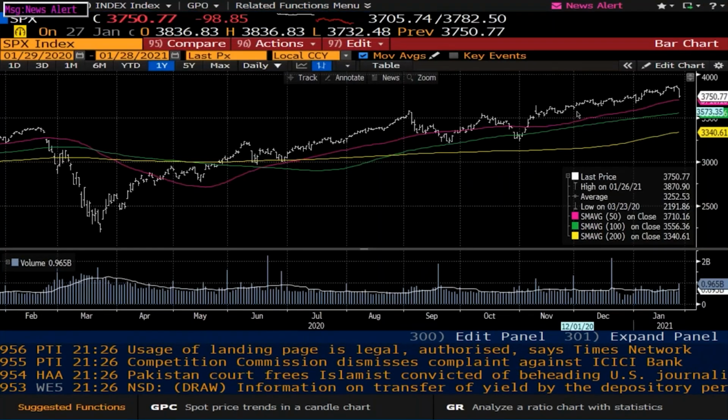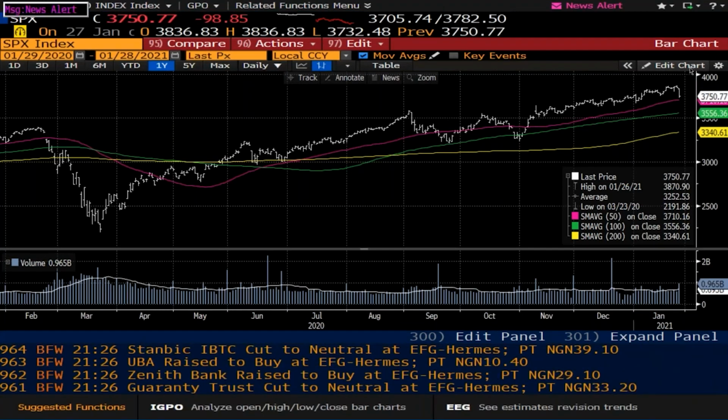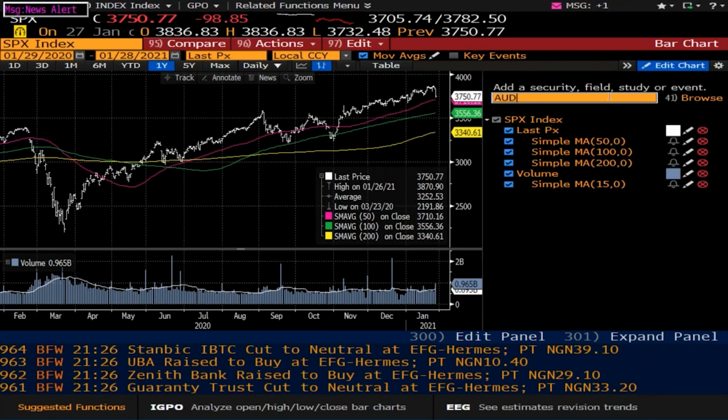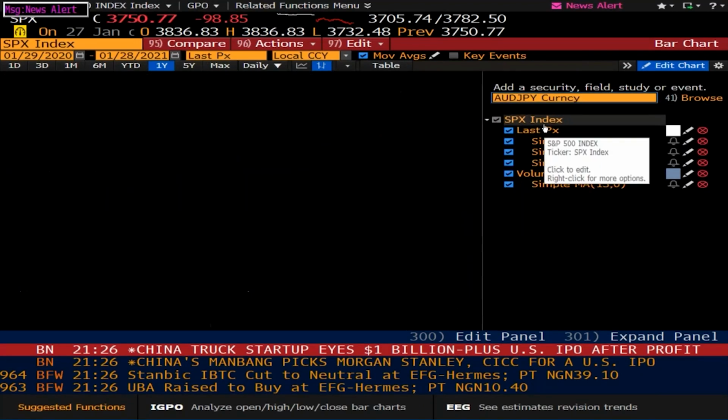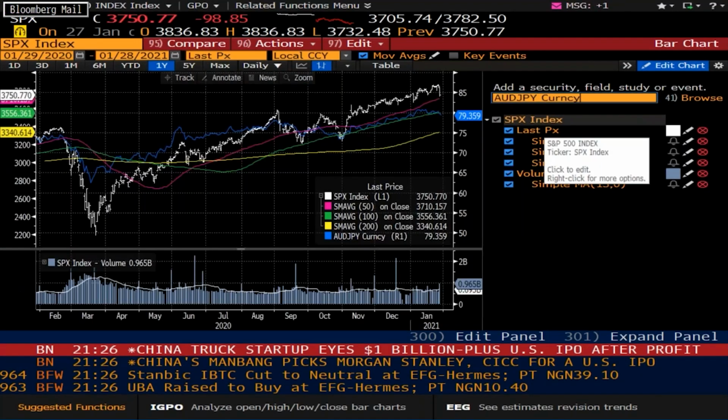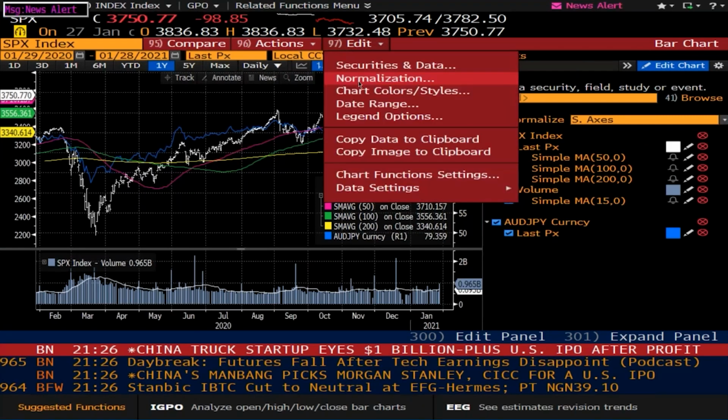S&P, we can have a look at correlation analysis. And I'm looking at the Bloomberg chart here, and I'm going to have a look at the correlation between the S&P and Aussie yen.